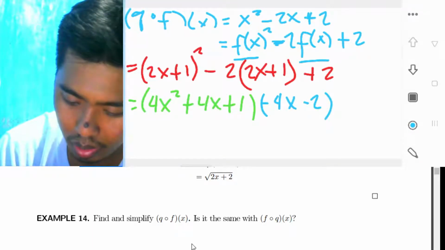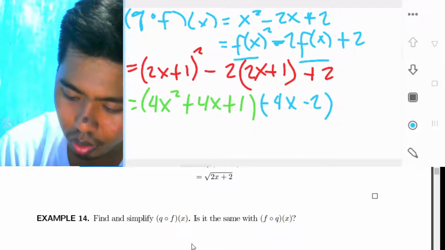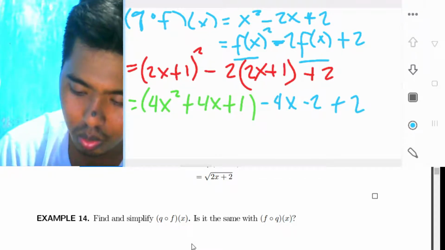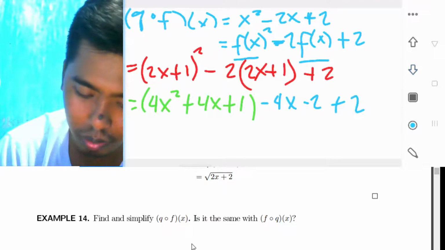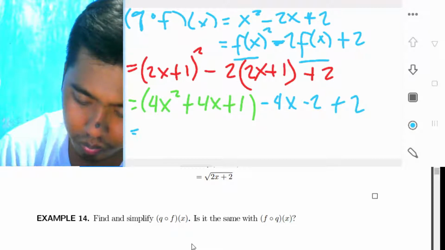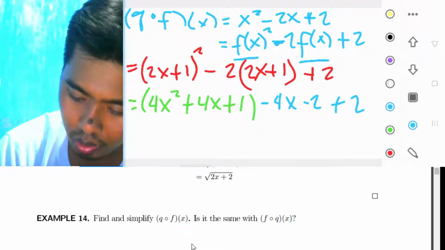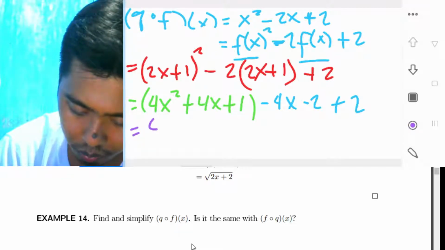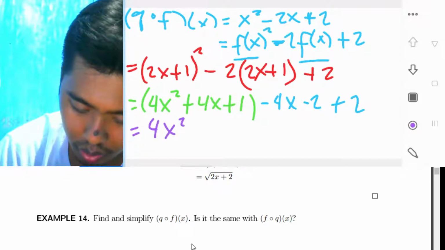Then this is plus 2. Now add like terms.